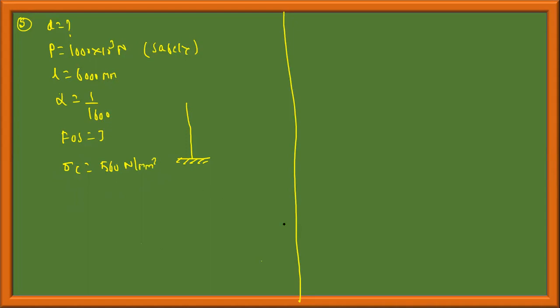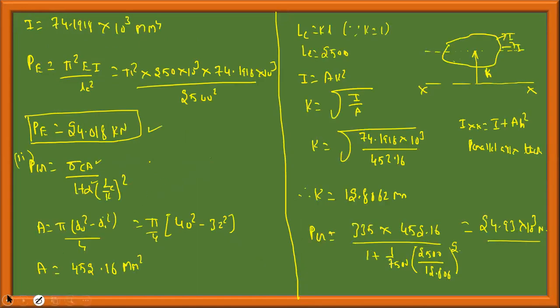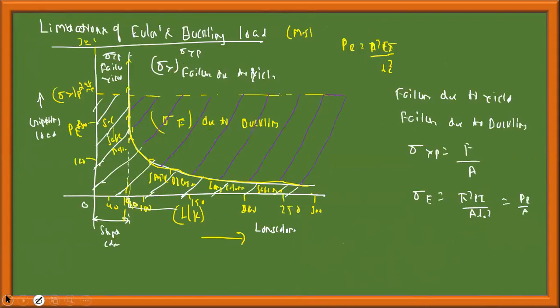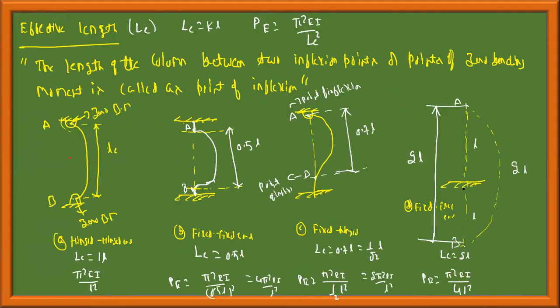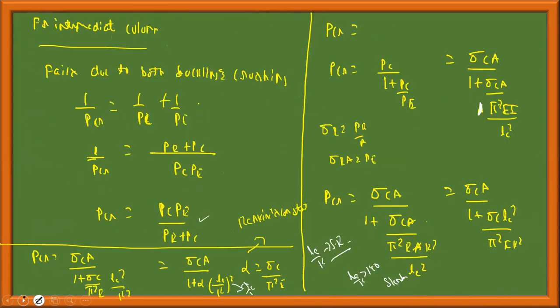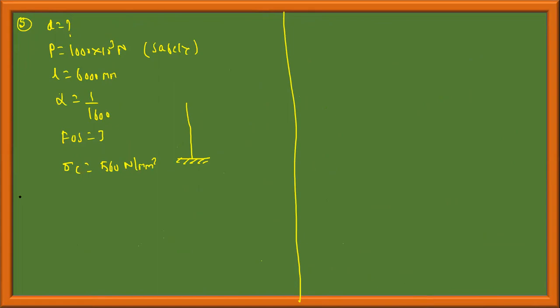Can you tell me what is the effective length for a column with one end fixed and the other end free? You have to go back and see that. Effective length is twice the length, LE equals 2L. Rankine crippling load is sigma C A by 1 plus alpha, L E by K, the whole square.